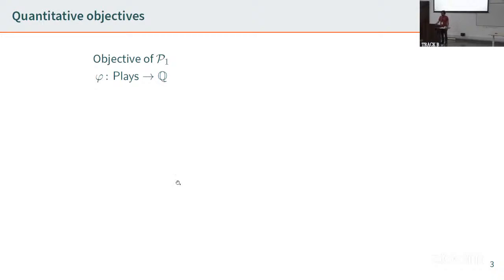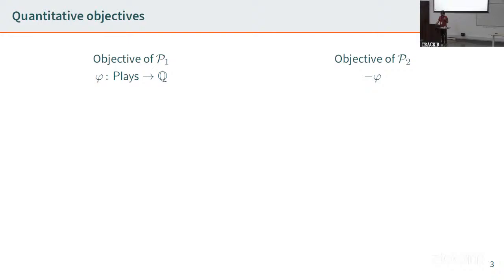So we can look at an objective, let's say phi, as a function that maps every play, every infinite path in the graph, to a rational number. The higher the number, the better the play is for player one. And since we are looking at zero-sum games, the objective of player two is the negative of phi, so it always adds up to 0.